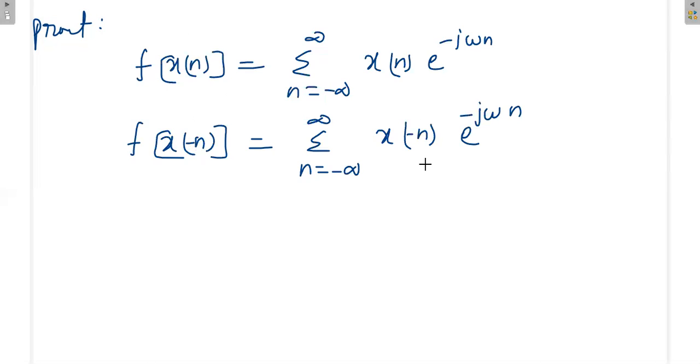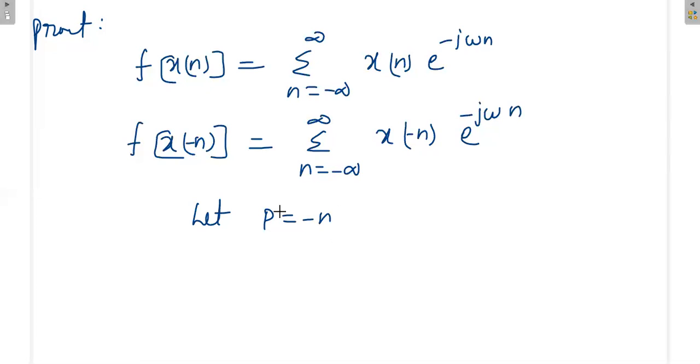So then again, to maintain with the standard notation, we'll take p is equal to minus n. That means instead of minus n, we'll substitute some positive variable, that is p. So p is equal to minus n. So then what happens when p is equal to minus n? Again, the summation goes from minus infinite to plus infinite.